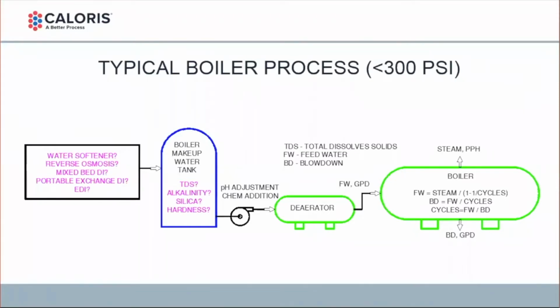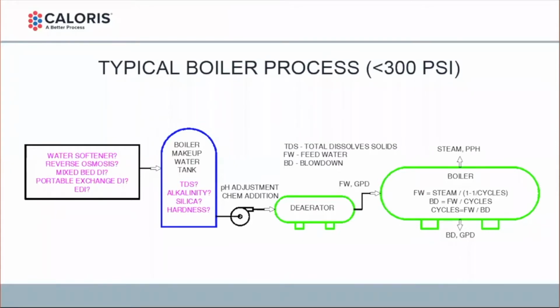The variables we're interested in are the type of equipment being used to reduce the dissolved solids going to the makeup water for the boiler. Typically you'd have a water softener, maybe an RO, maybe a mixed bed DI, a portable exchange DI, or even an EDI.